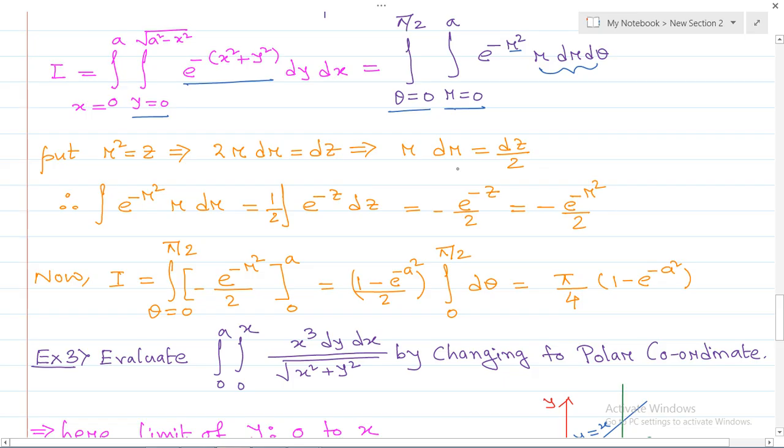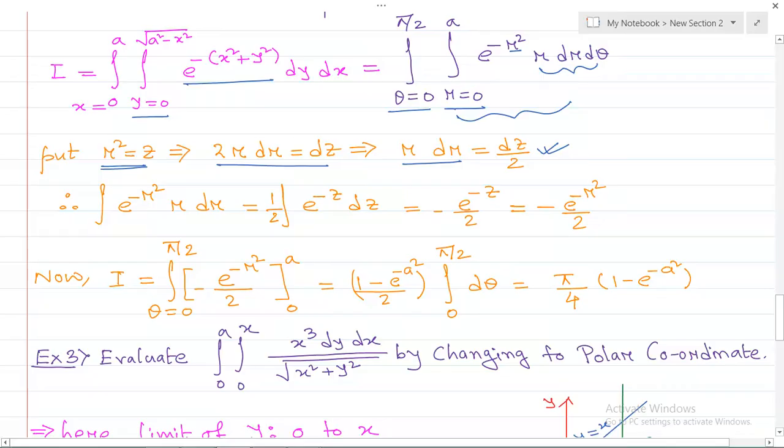Now how to perform this integration with respect to r? Separately I have done this integration, because here we have to use the method of substitution. Here we substitute r square as a new variable z. Differentiating, we get 2r dr equals dz. So what is the value of r dr? That equals dz upon 2.